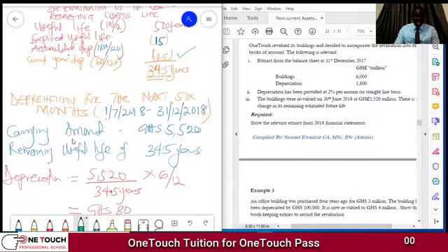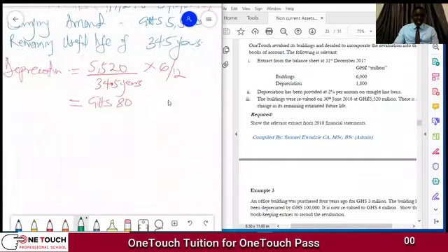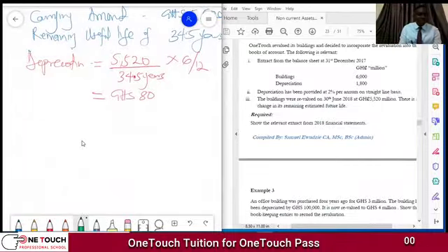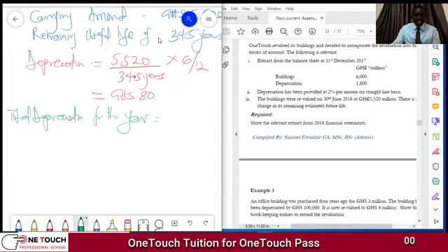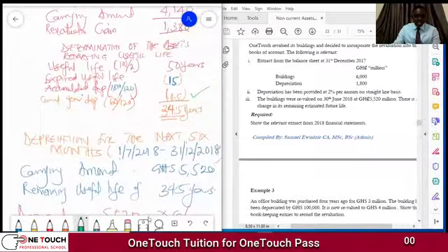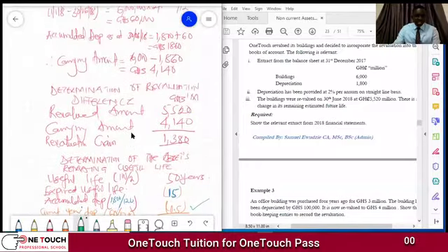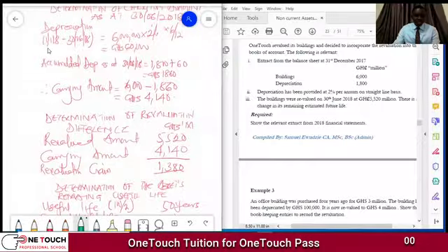Now let's look at our total depreciation for the year. That will be equal to the initial depreciation charge, which is 1st January 2018 to 30th June 2018, which is 60,000.